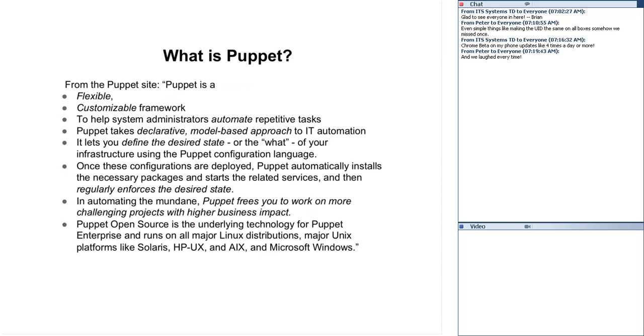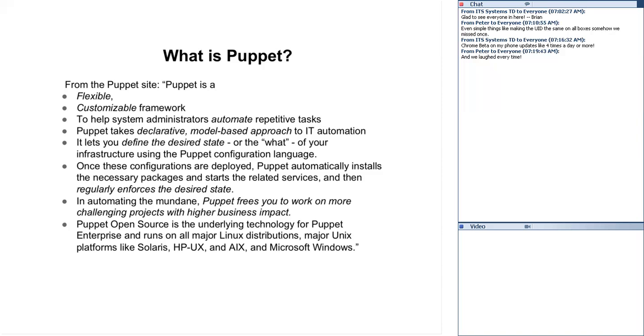Part of what that means is this lets you define things at a high level, like saying this machine needs to be a mail server, instead of saying all the many details that need to be typed in order to turn that machine into a mail server. At some point, you have to tell Puppet those details, but once you've told it, you can just tell it to make 50 more machines into mail servers instead of having to worry about the little details.